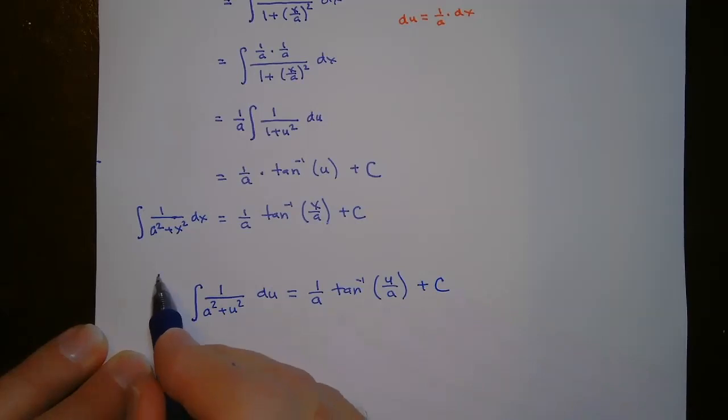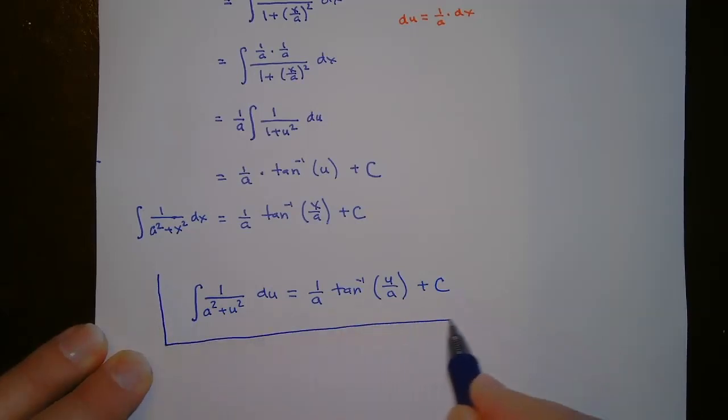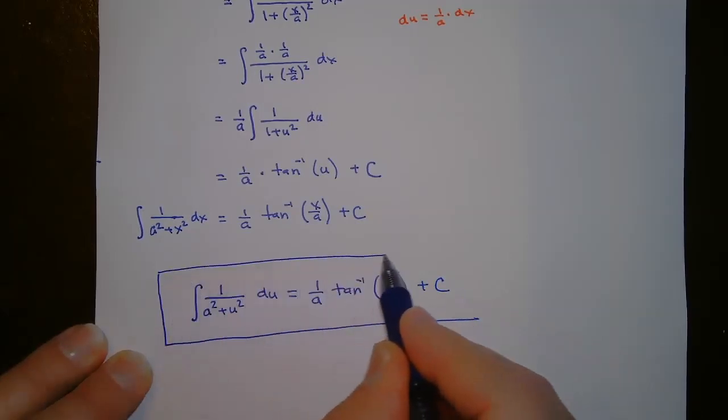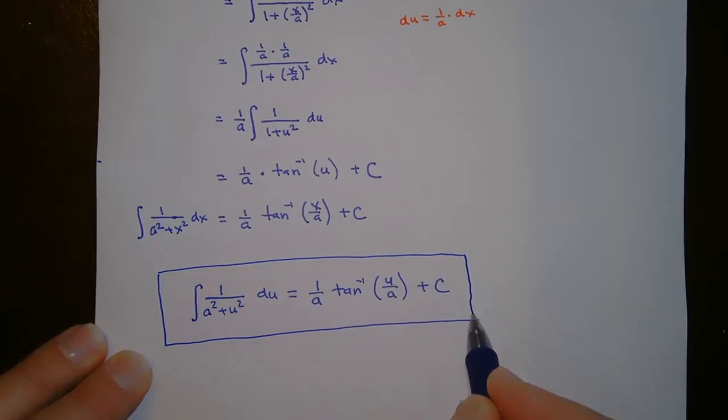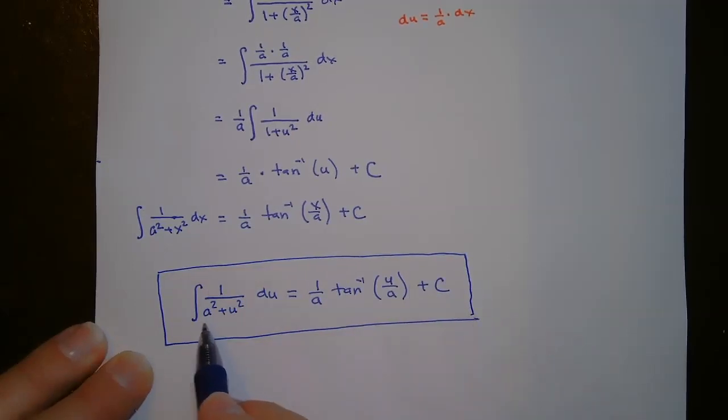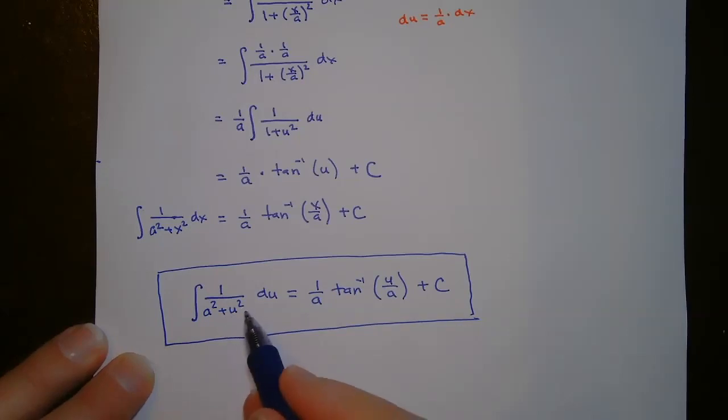And that's the general form, okay? And so that's what we need to know. Okay, so a is our constant term and u is going to be our variable. That's where our variable is going to be. It's going to be something with a variable squared, something with x squared. Okay, all right, let's do some problems now.